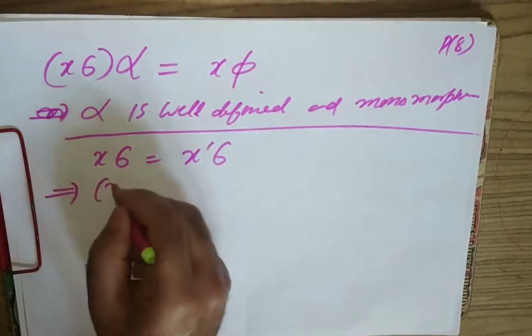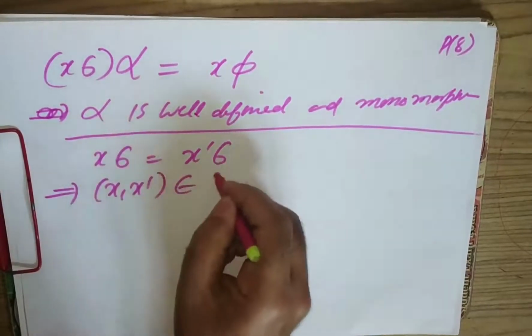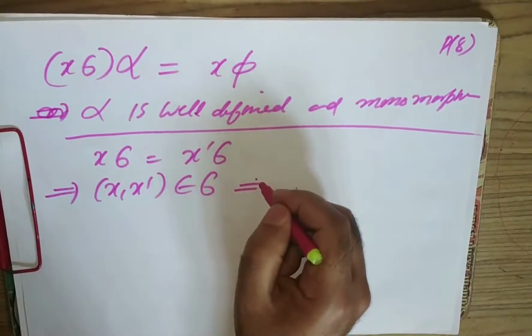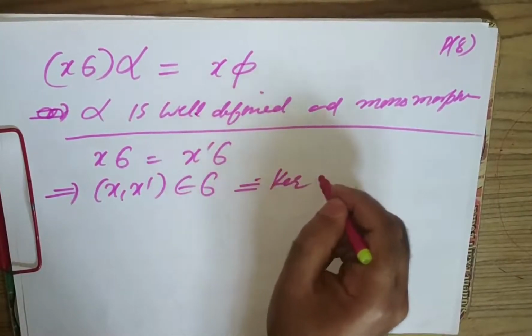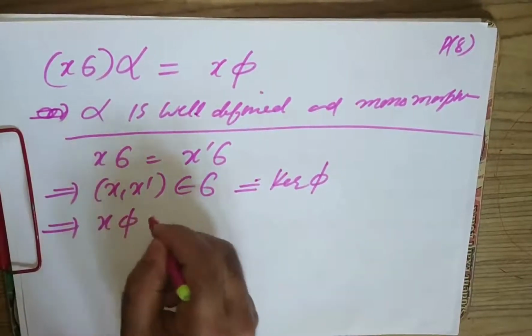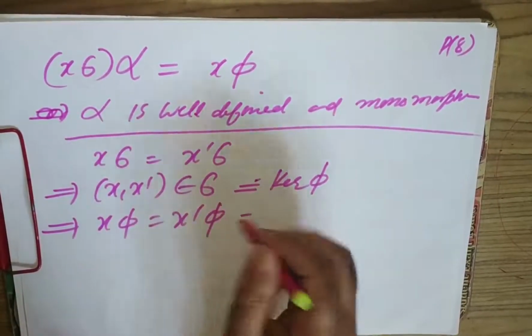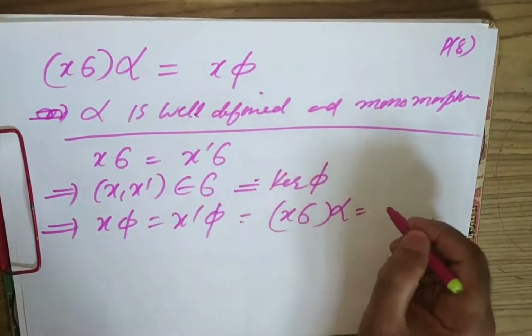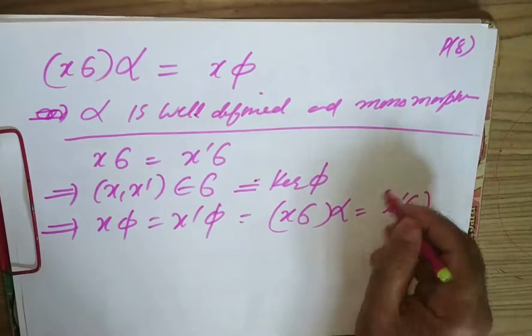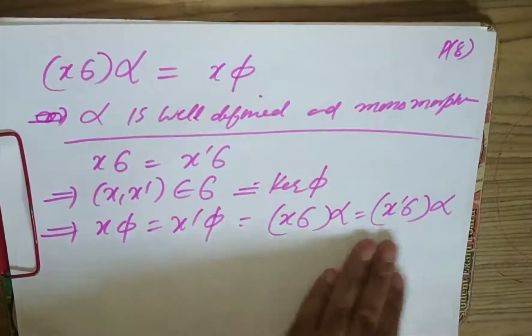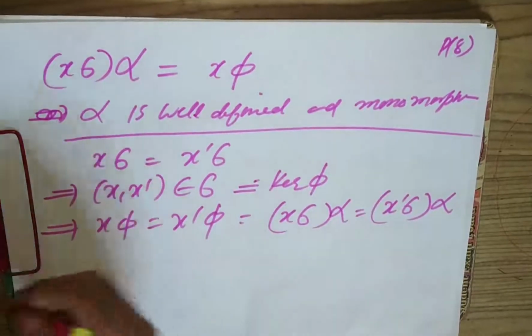This implies x, x dash belongs to sigma, and sigma is actually the kernel of phi by definition, which implies x phi is equal to x dash phi. But x phi is equal to x sigma alpha, which is equal to x dash sigma alpha. So whenever x sigma is equal to x dash sigma, their images under alpha are equal, which means it's well defined.